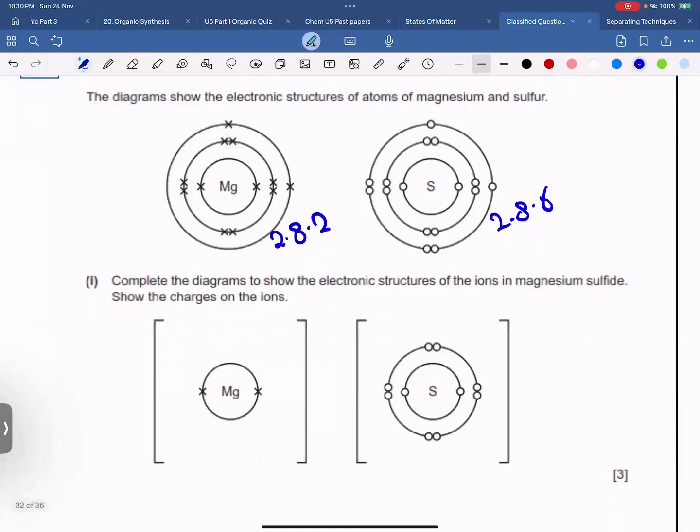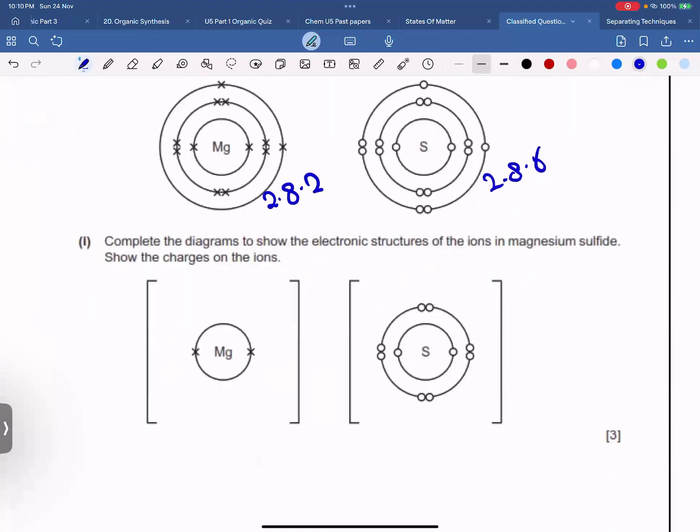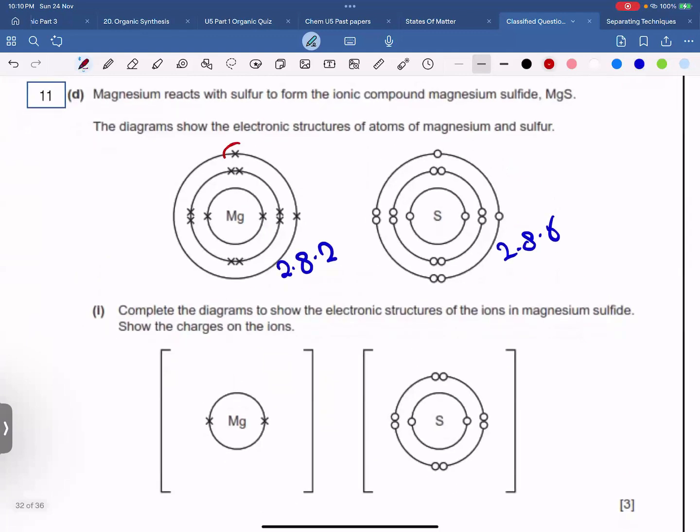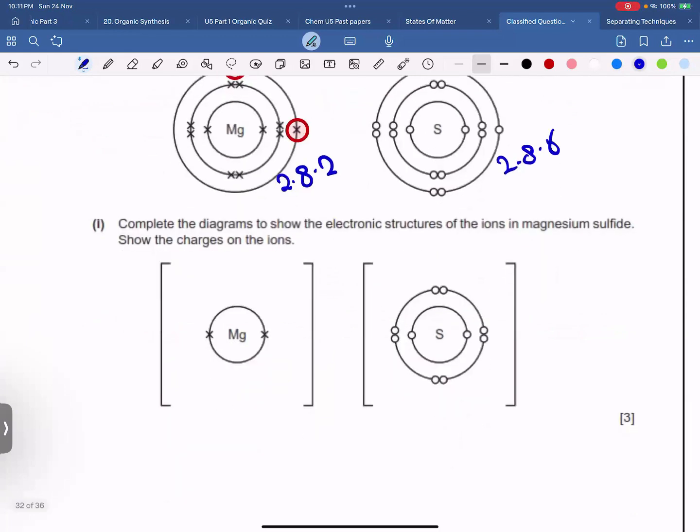Complete the diagram to show the electronic configuration of ions in magnesium sulfide. So magnesium is a metal, so it loses 2 electrons from the outer shell to have a full outer shell, the tendency to lose all electrons in the outer shell. So now the new electronic configuration for the magnesium ion is going to be 2, 8.